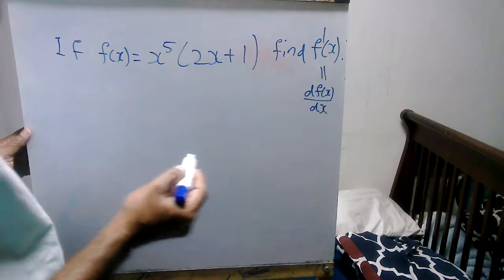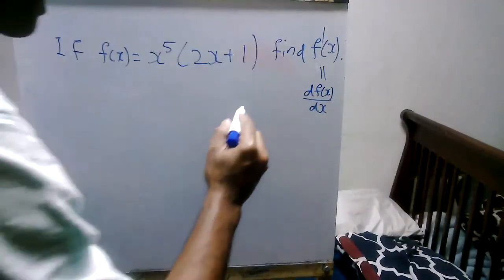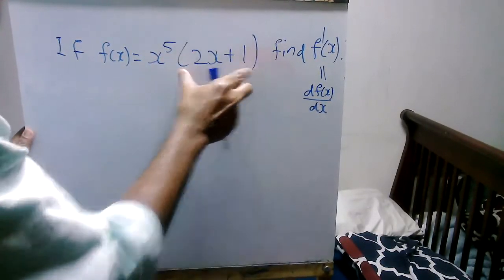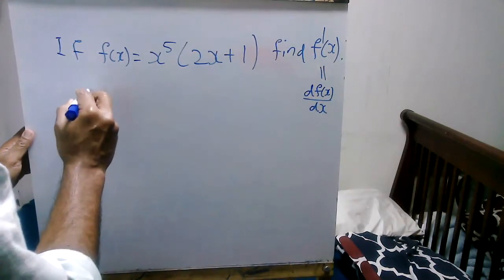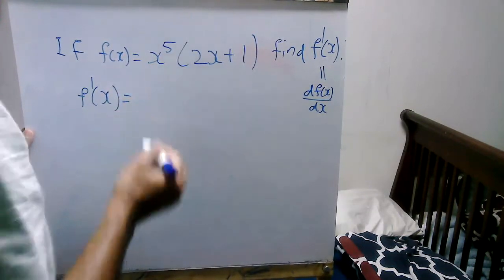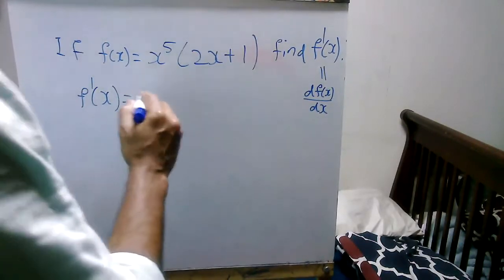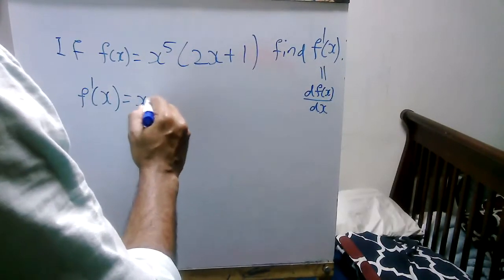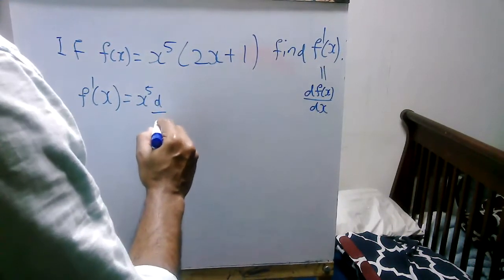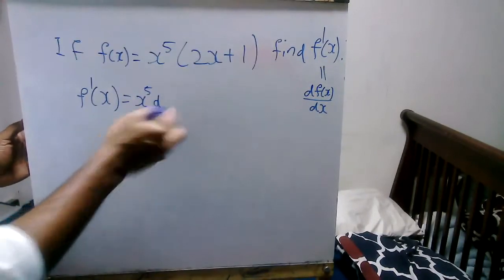Alright, so let's find f dash x. What's the rule we are using? The product rule. This is a product between two things, this times this. f dash x is equal to the first term times the derivative of the second term. Let's write that. The first term is x to the power 5 times d dx. I told you whenever necessary to explain I use this notation.